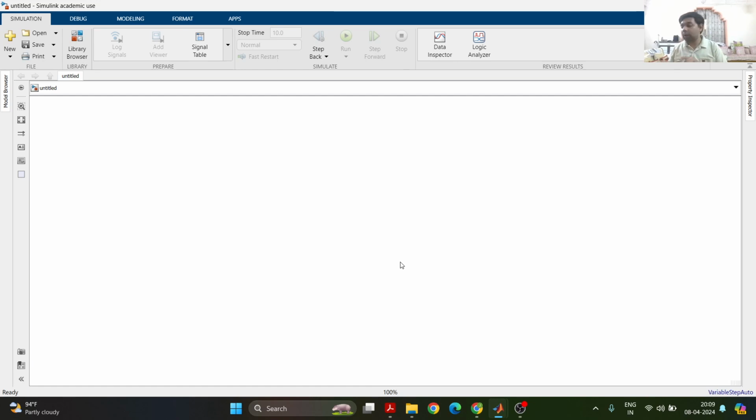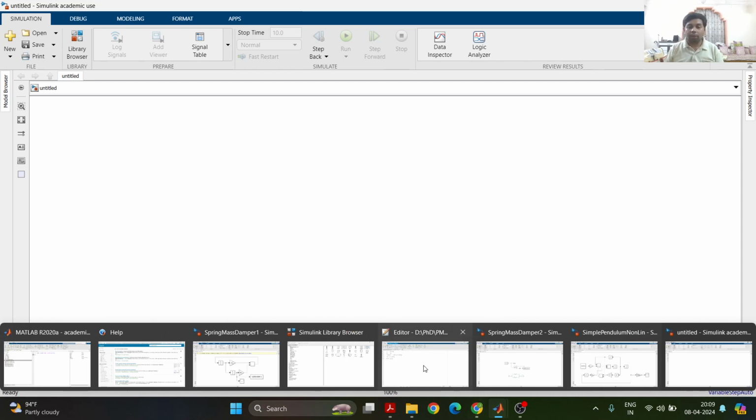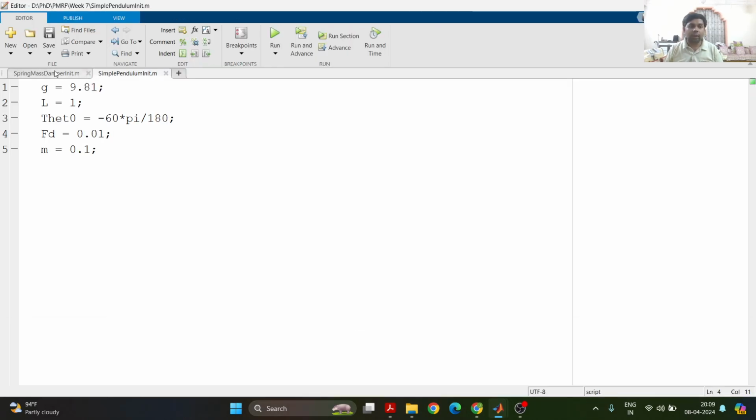Yeah, so this is our MATLAB blank Simulink model. I have already created a script to initialize the parameters: the mass, stiffness, and damping coefficient C, and the initial displacement of the mass x naught.